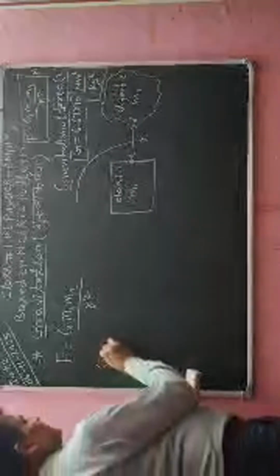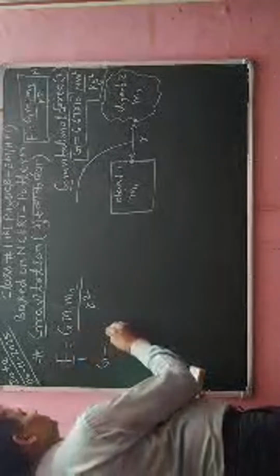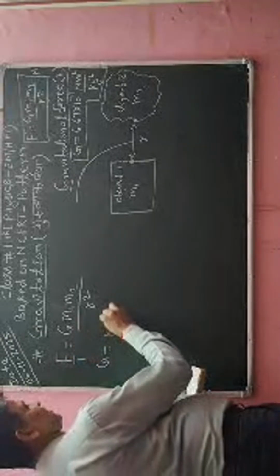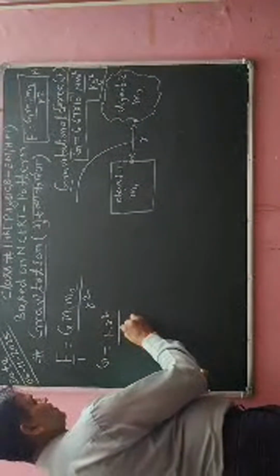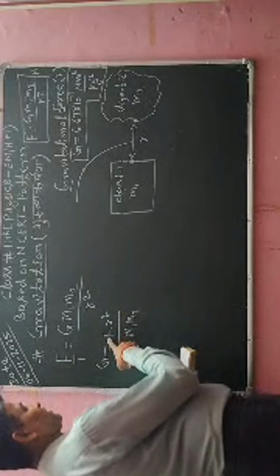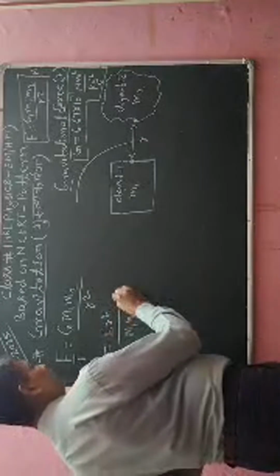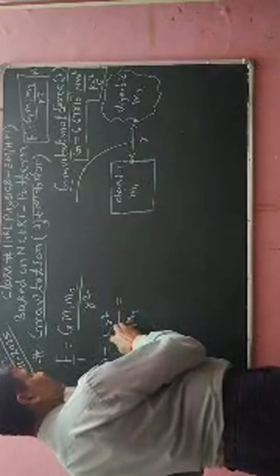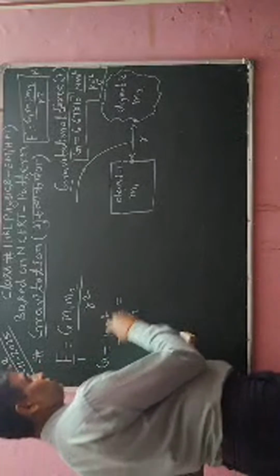Okay, now I am going to take the formula of capital G. So capital G I can write, doing cross multiplication, F into R² divided by M1 and M2. Now here I have written M. So the dimension of F, according to Newton's second law of motion, F is equal to ma.